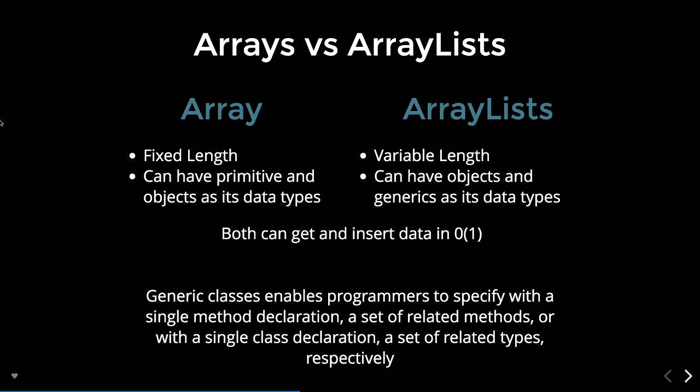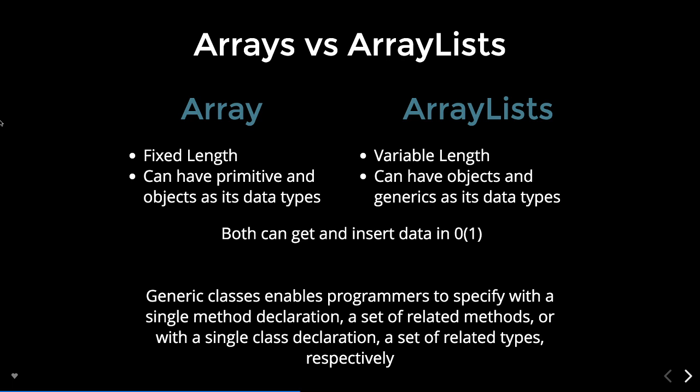Another difference between an array and an array list is the data types that it can hold. So an array can have a primitive and objects as its data types. So primitive data types, that is your int, char, that is the primitive data types. Objects, this is your defined objects.